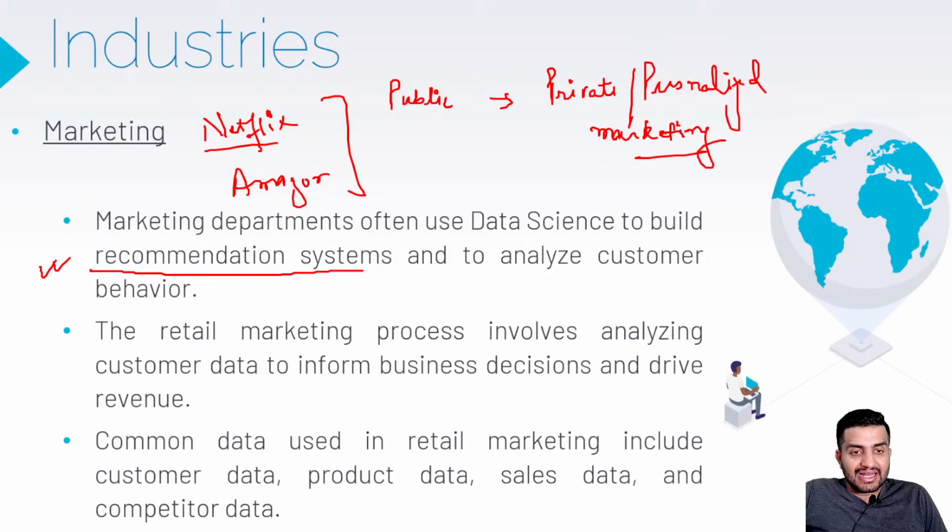And what is this analysis primarily focused on? Analyzing consumer behavior and consumer data patterns, which drive revenue here. Common data used in retail marketing includes customer data, product data, sales data and competitor data. All of these are equally important.